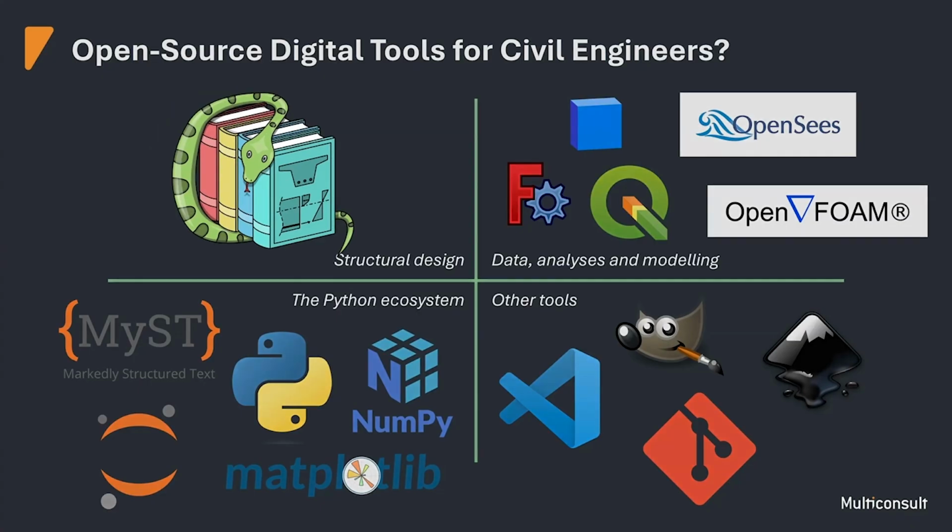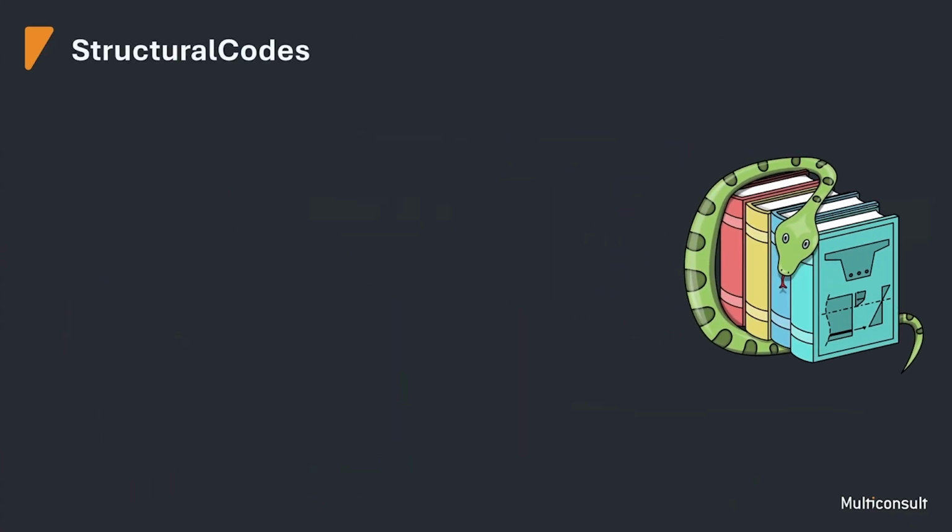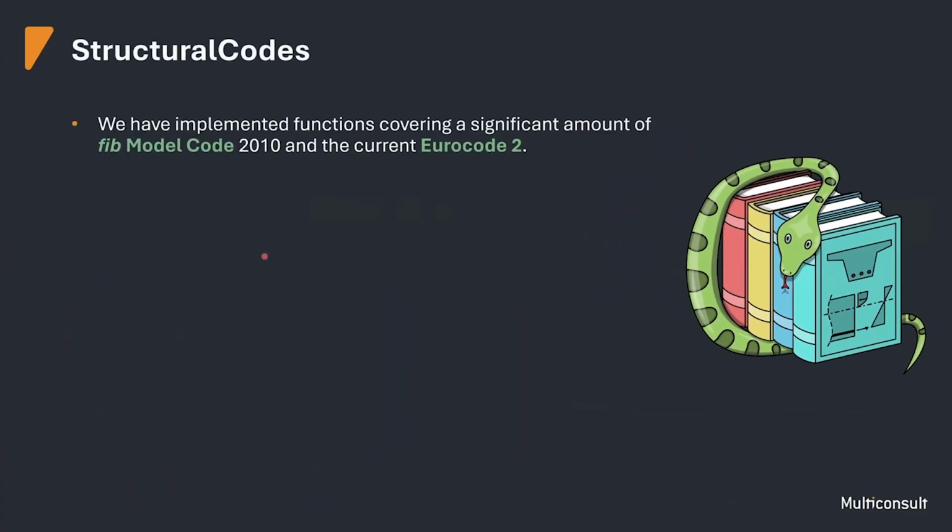So what is structural codes? Well, it's a library where we have functions covering a significant amount of fib Model Code 2010 and the current Eurocode 2. So you'll see that there's some dominance of concrete inside of this library, and a dominance of the fib Model Code and the European code.